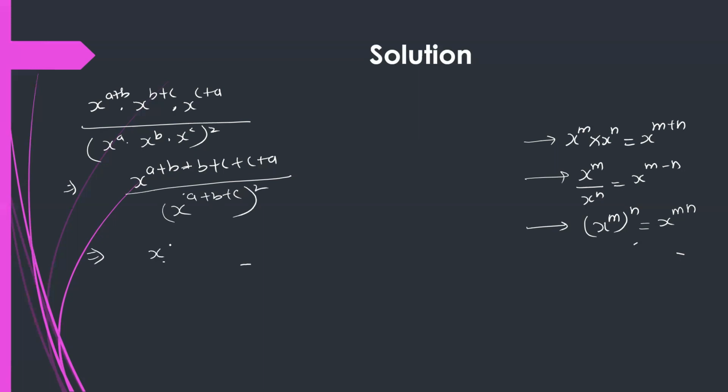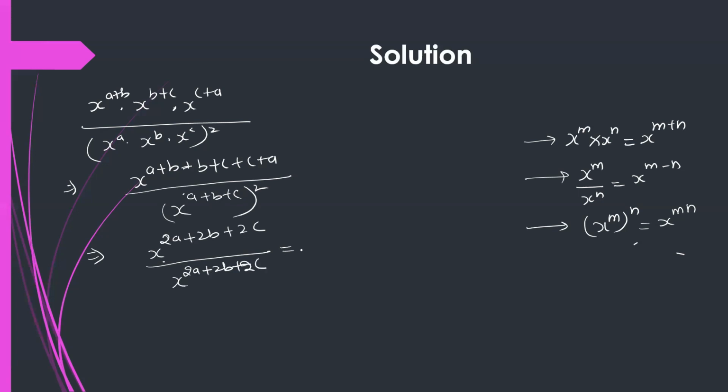The numerator becomes x to the power twice of a plus twice of b plus twice of c. In the same way, in the denominator also, x to the power twice of a plus twice of b plus twice of c.